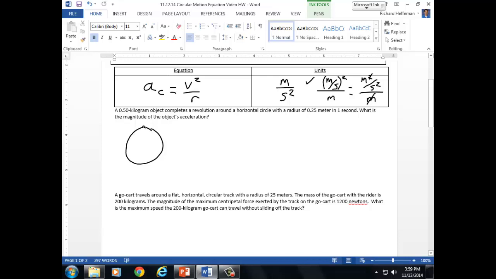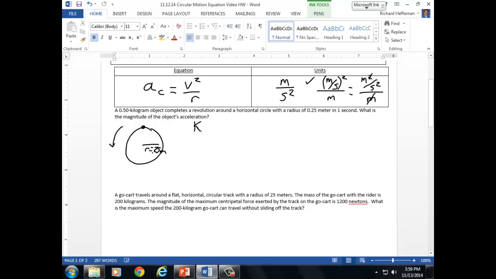Here is my 0.5 kilogram object. We'll say that it's going counterclockwise. What is the magnitude of the object's acceleration?